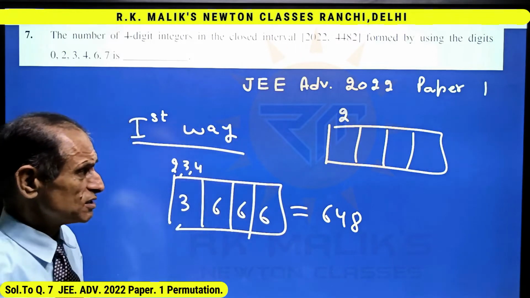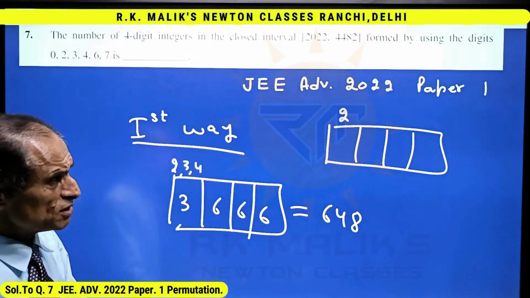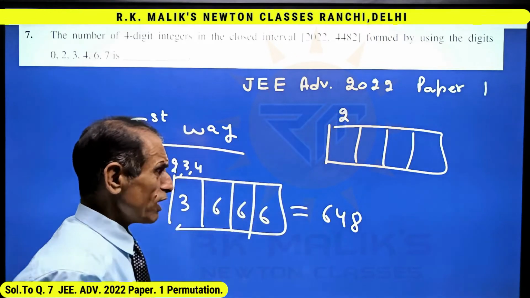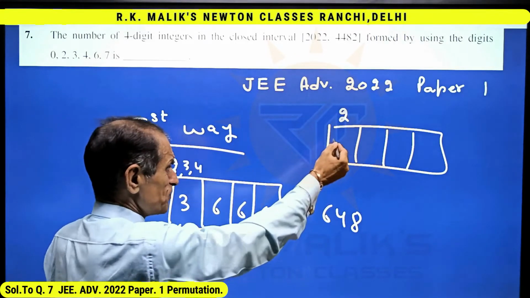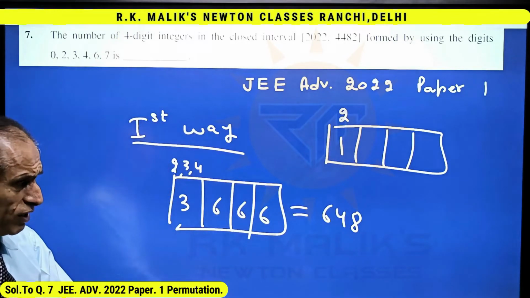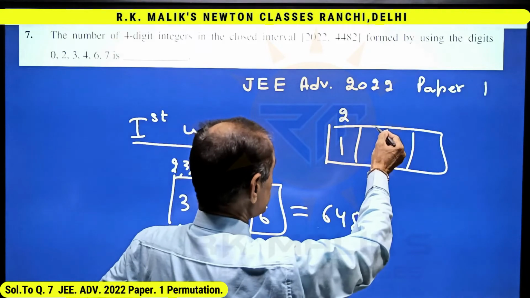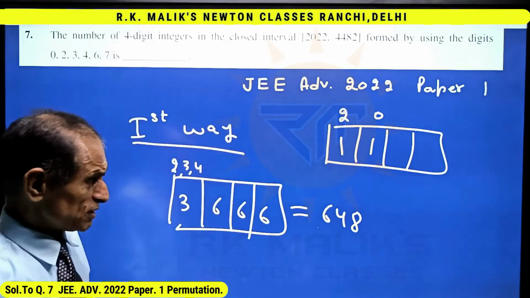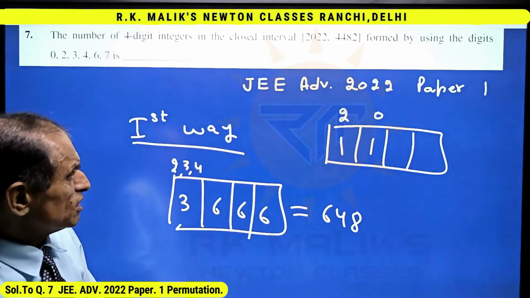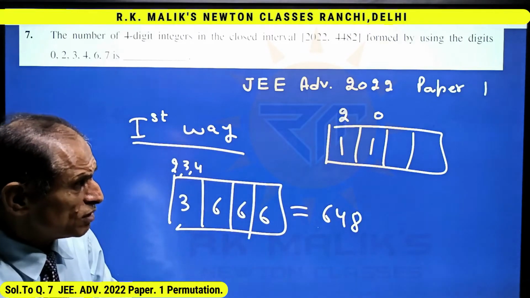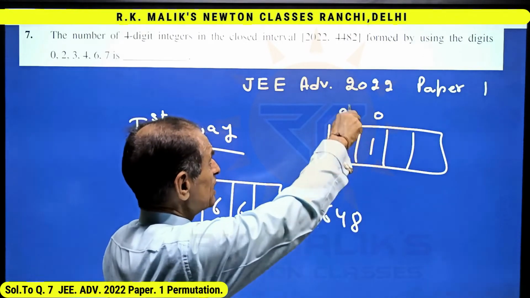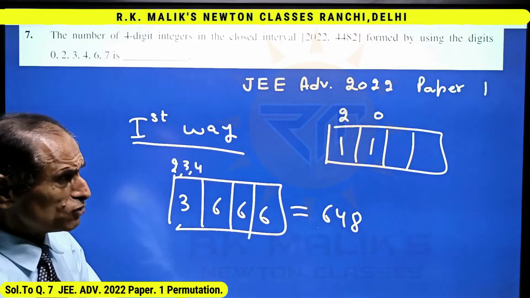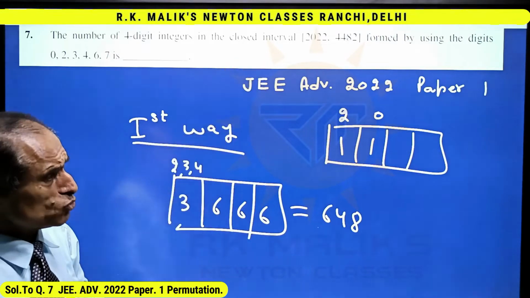first smaller than this. To find the number of numbers, I can easily say that the number which will be smaller than this will have 2 in the first place, that is, the first place can be filled in only one way. And for the second place also, the only possibility is that 0 can come in the second place, because if any other digit comes at the second place, then it will be more than 2022, and I want to find those numbers which are less than 2022.